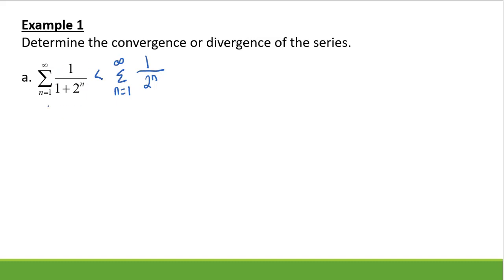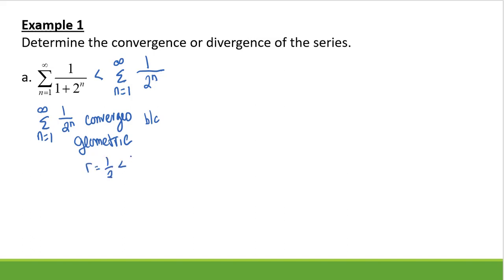So then you have to state something about the one that you're comparing it to. And remember, b sub n is going to be something that we know something about. We know that this converges because it's geometric, and your ratio, which is equal to 1/2, is less than 1.